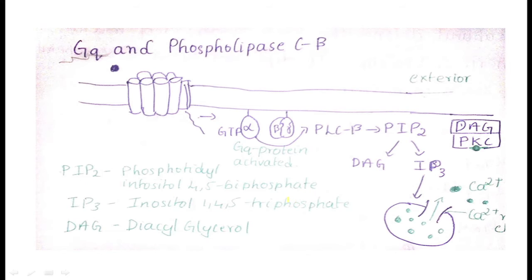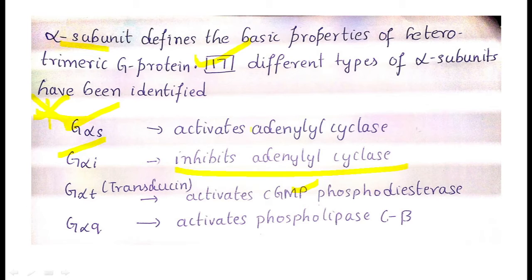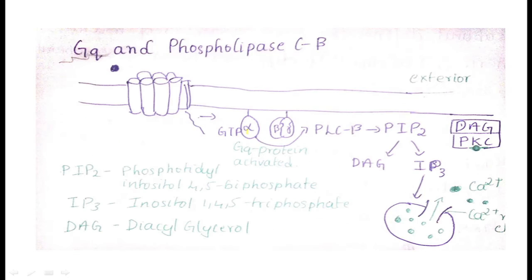Similarly, another G protein. This was the G alpha S protein, and this will be your Gq protein. This is going to activate your phospholipase C beta. This is again the ligand binding to the GPCR. Gq protein activated. What it does is it activates an enzyme called phospholipase C beta.